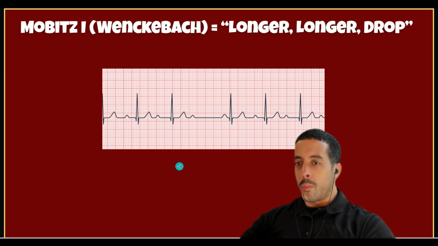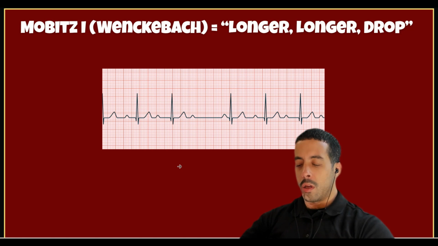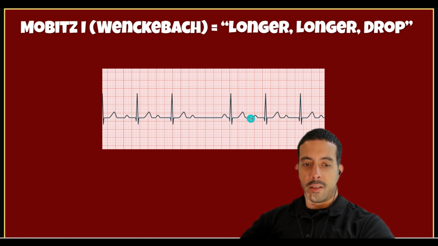So when we talk about second degree type 1, Wenckebach, Mobitz 1, just look at the P wave here, here, and here. Notice how it's progressively getting longer. Example, you have a P wave, then you have another one. Notice the distance.